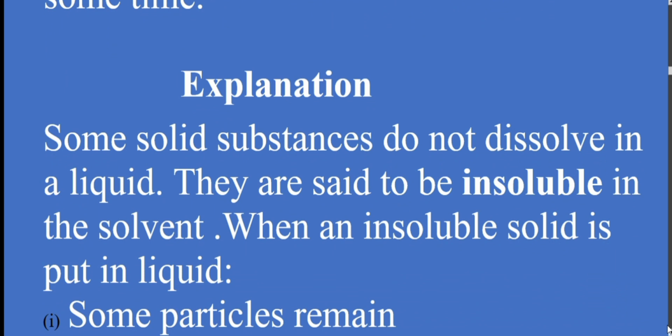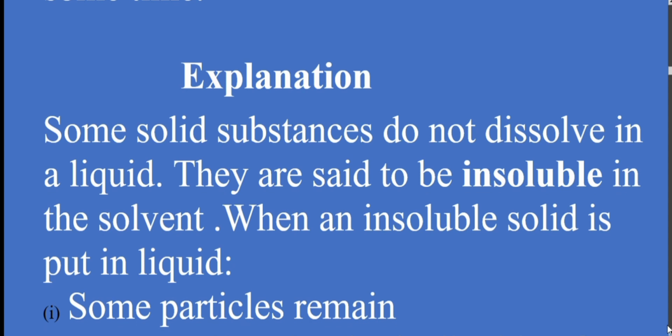Some solid substances do not dissolve in a liquid, so they are said to be insoluble. Remember, in the first case, those that dissolve we say are soluble, and those that do not dissolve we say are insoluble in the solvent. When an insoluble solid is put in a liquid, the following happens.